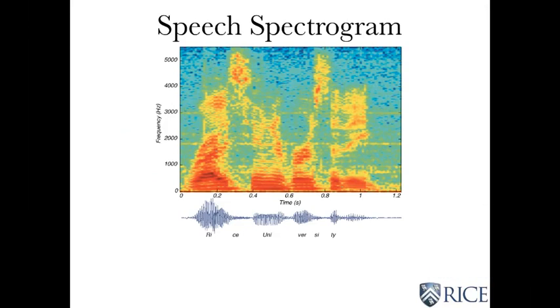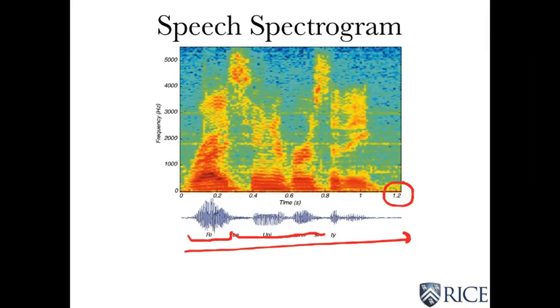Okay, so here is the speech spectrogram I showed you in the previous video. And in more detail, what we have now is a long signal. This is over 1.2 seconds long, sampled at a very high rate. And you can tell by looking at the waveform in time that its characteristics are changing continually throughout the whole segment.